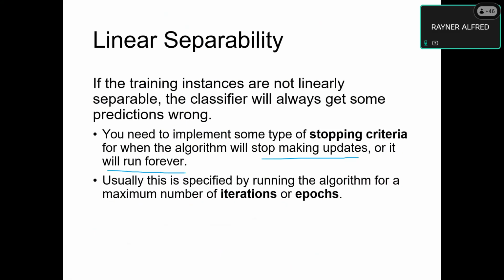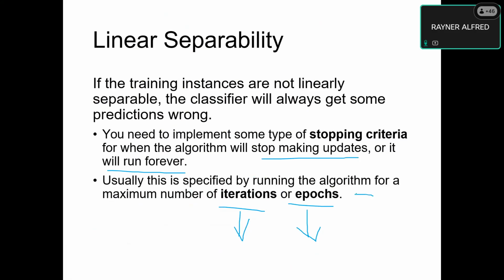Usually this is specified by running the algorithm for a maximum number of iterations and epochs. So this is why you need to specify the iteration and epoch number in your neural network. So that's the purpose of having this. But the main issue is, again, what is the optimized value for your epoch and also the iteration.